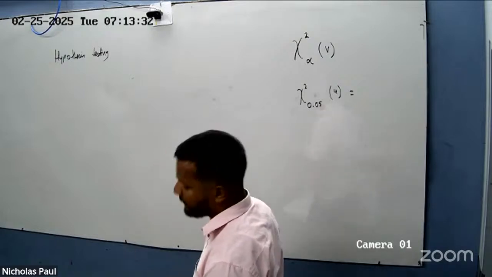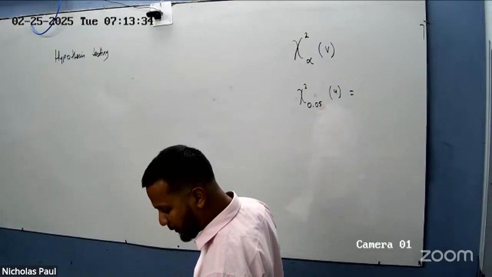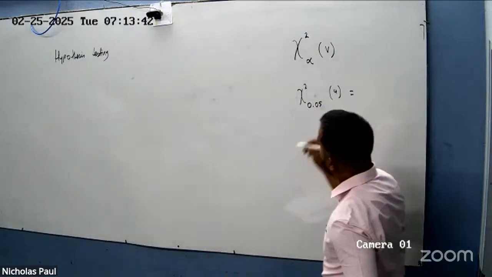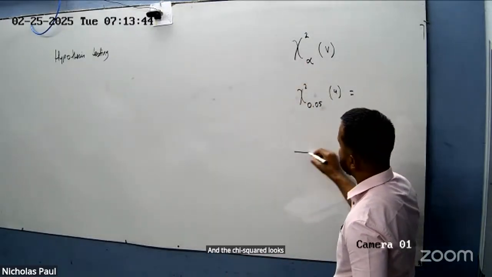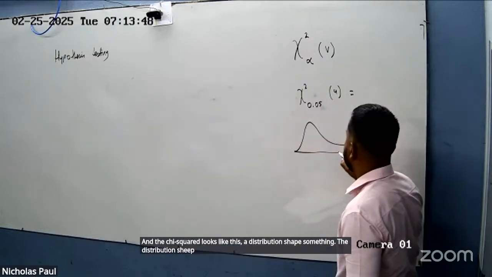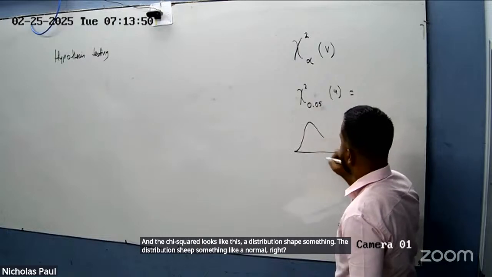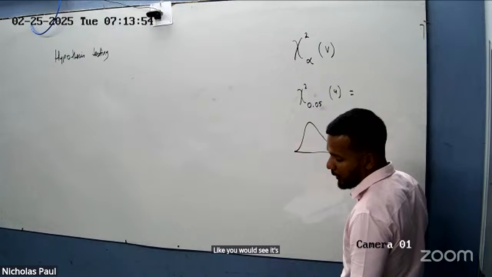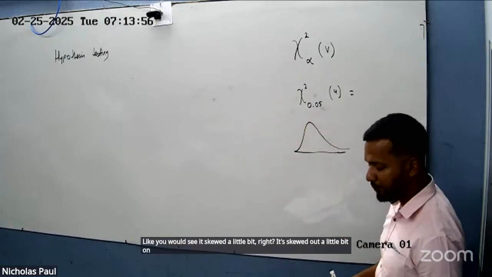The chi-squared distribution has a shape something like the normal, but you will see it's skewed a little bit, on the left side, right?